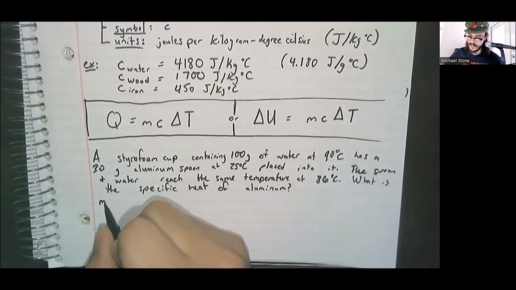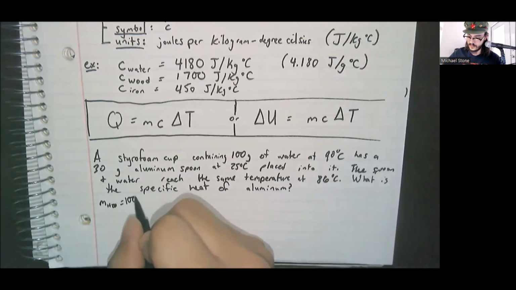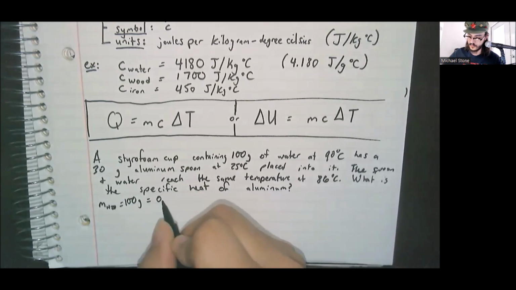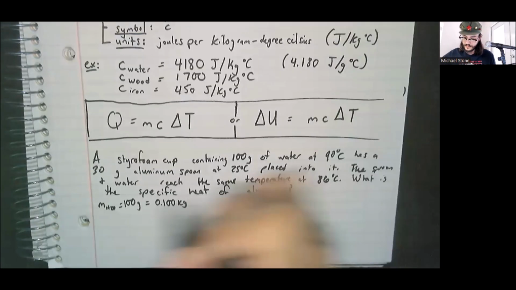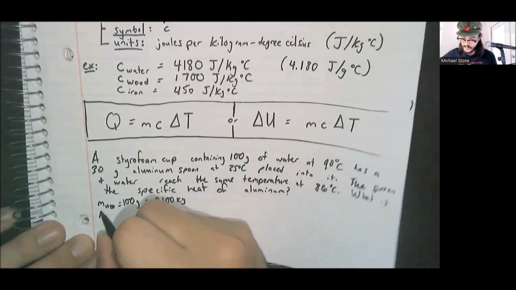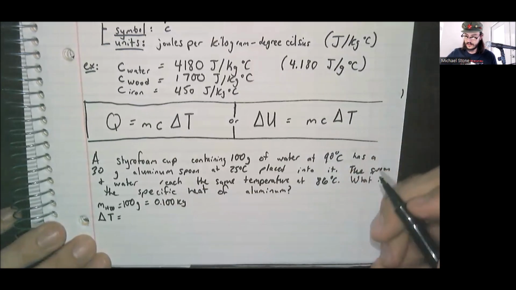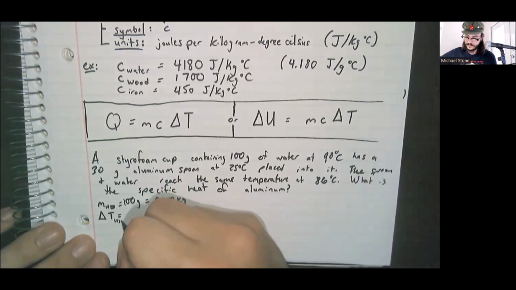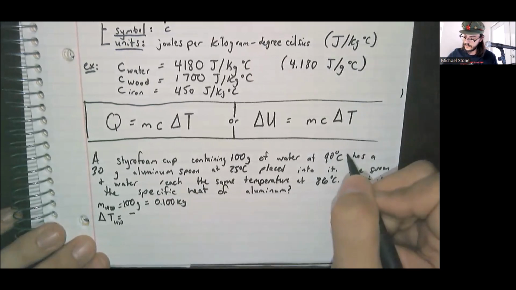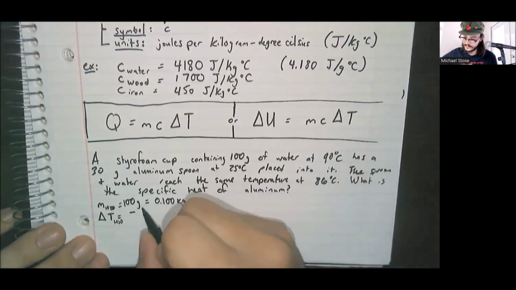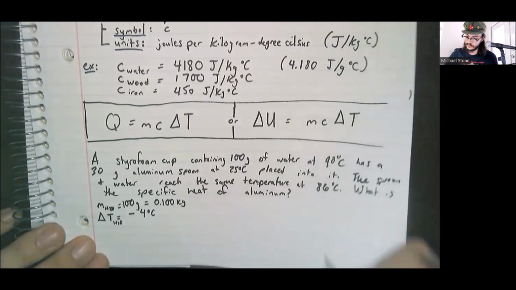We have the mass of water, 100 grams, which is 0.1 kilos. The change in temperature for the water is negative, 90 to 86, negative 4 degrees Celsius.